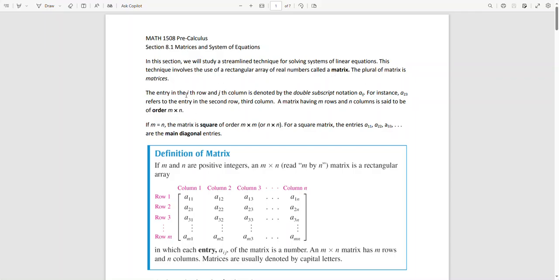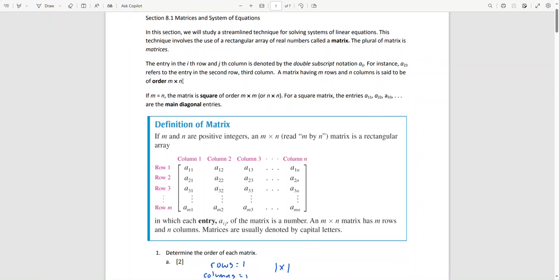The entry in the ith row and jth column is denoted by the double script notation Aij. So it's row i, column j, always row then column. So A23 refers to the entry in the second row, third column. A matrix having m rows and n columns is said to be of order m times n.